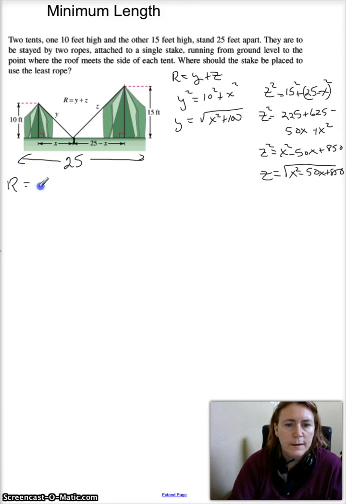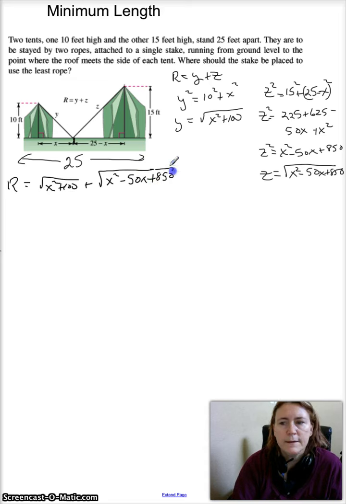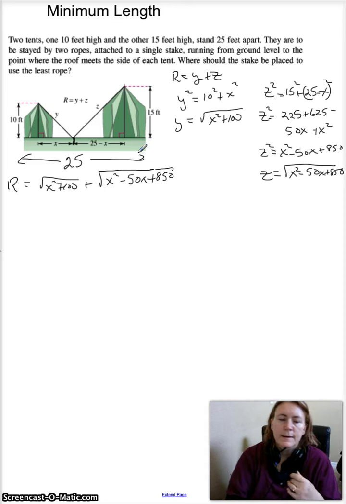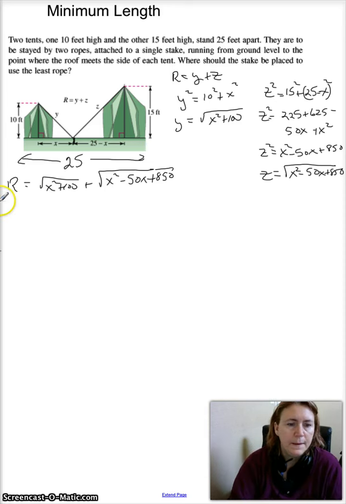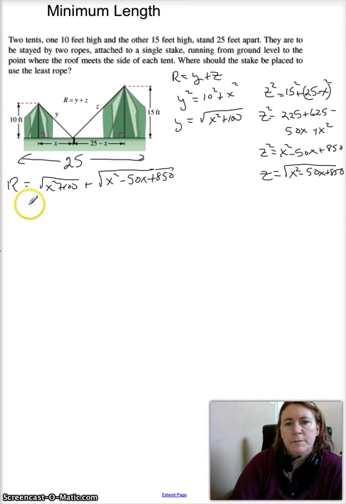R is y, which is the square root of x squared plus 100, plus z, which is ugly, but it's the square root of x squared minus 50x plus 850. All right. Yeah, we're going to have to take the derivative of this, folks, but that's all right, you can do it. First of all, for the domain, I know that it simply needs to be positive.